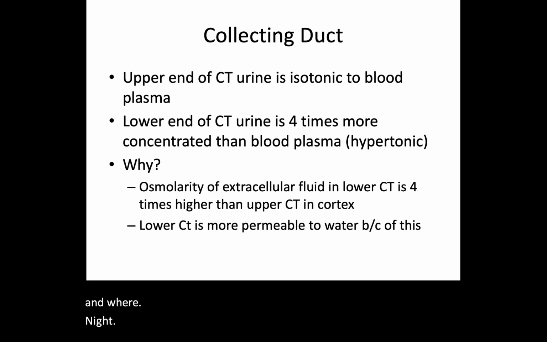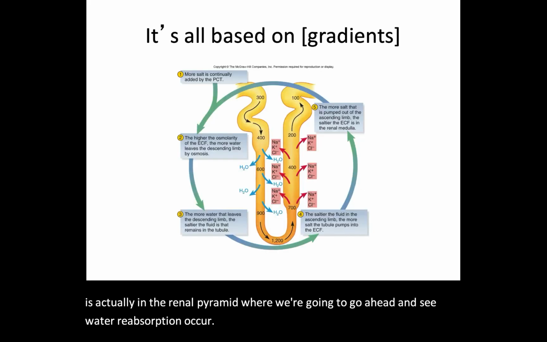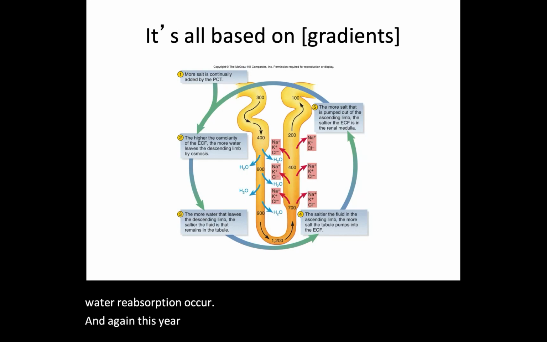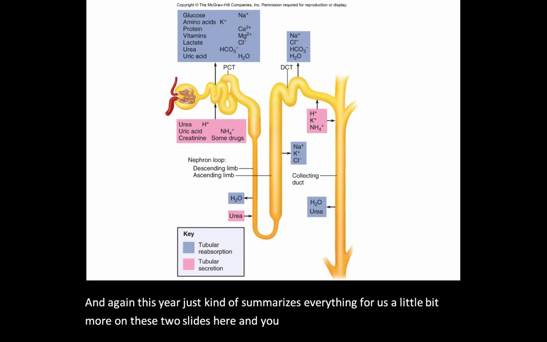And then the collecting duct. And really it is the lower end of the collecting duct that is actually in the renal pyramid where we're going to see water reabsorption occur. And again, this just summarizes everything for us a little bit more on these 2 slides here, and you have those slides in the PowerPoint.